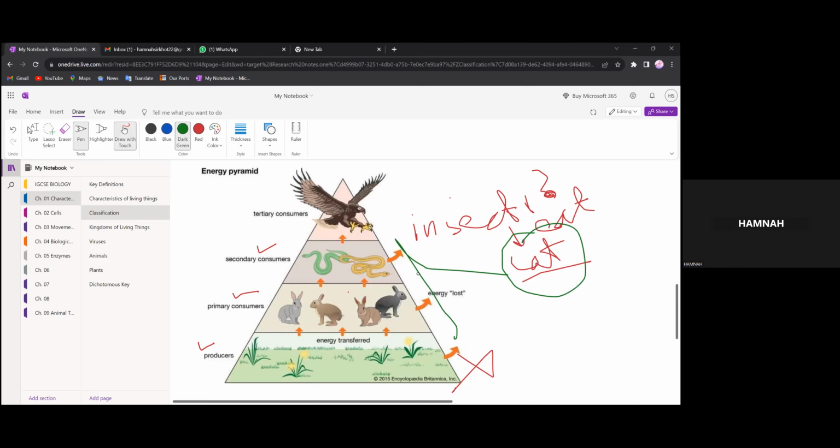If you find that the cat is a secondary consumer, then the animal eating it would be a tertiary consumer. This is the easiest way. You don't have to think about what an insect is. That insect could eat grass, it could eat other things as well. But you have to think about how the scenario is given.